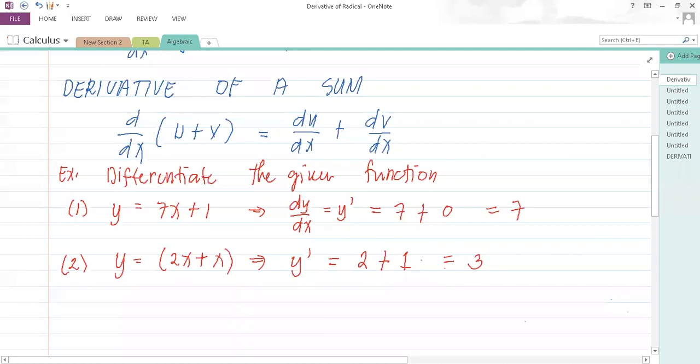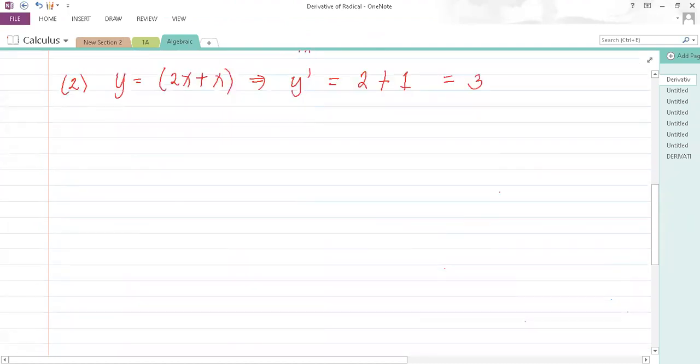Okay? So let's have an example of a combination of the first part. Pagka merong addition, tapos yung ina-add natin is merong exponent. Okay? So you have to differentiate the given.